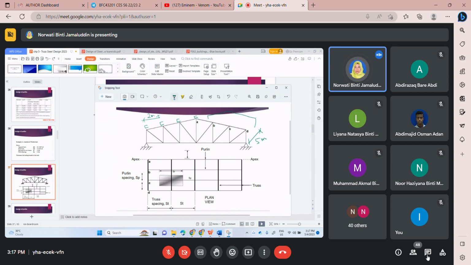We have GK and QK. The GK is 0.75 kilonewton per meter squared. QK is 0.5 kilonewton per meter squared.